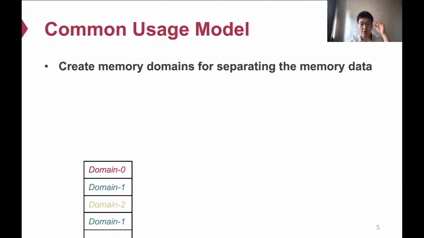According to prior studies on MPK-based intra-process isolation, the common usage model of MPK is as follows. An application process creates memory domains by binding different protection keys to them as the domain IDs and separates the memory data into different domains.